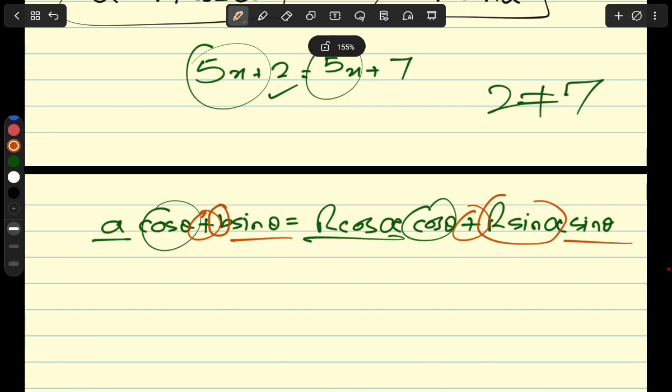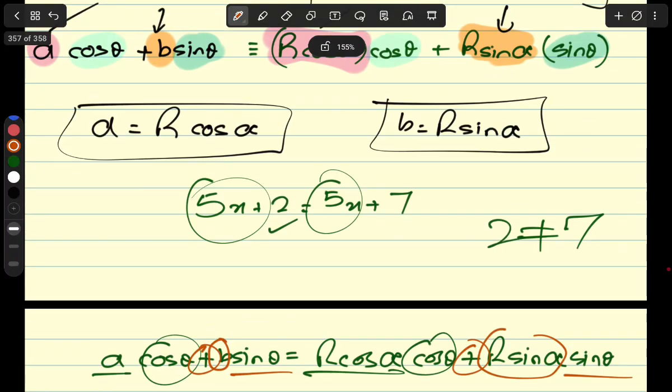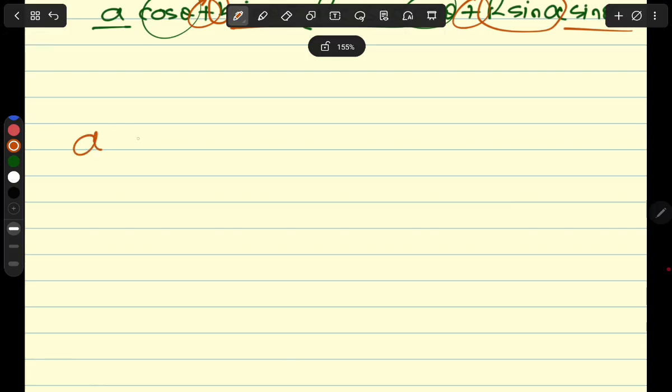Now comes the famous formula, which is r equals under root a square plus b square. We are given a is equal to r cos alpha, b equals r sin alpha. So a square is equal to r square cos square alpha.